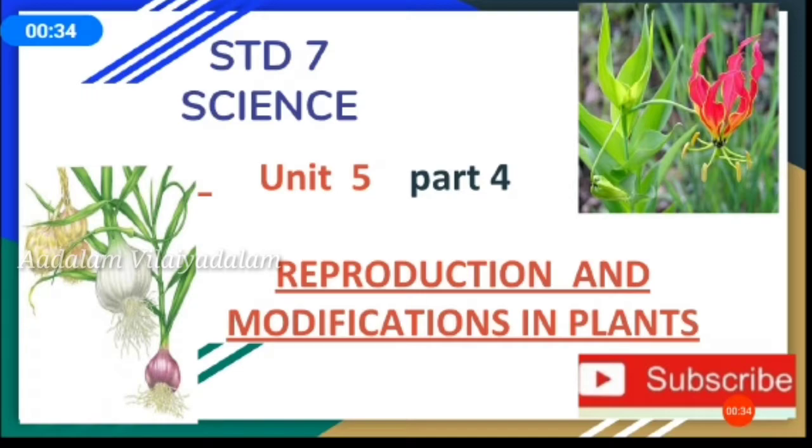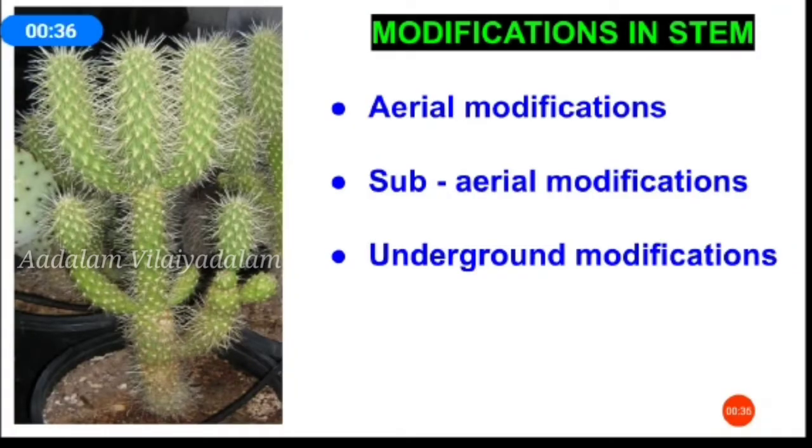Modifications of stems. The stem of the plant bears shoot, leaves, buds, etc. What is the main function of the stem? It conducts water and minerals from the root system.